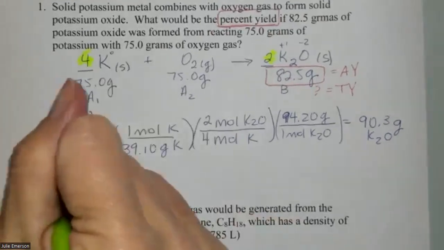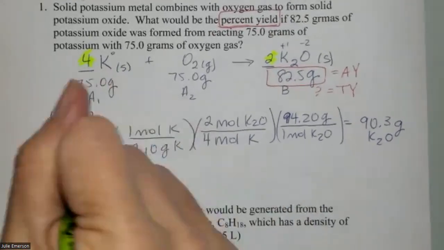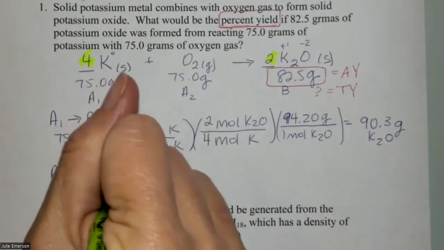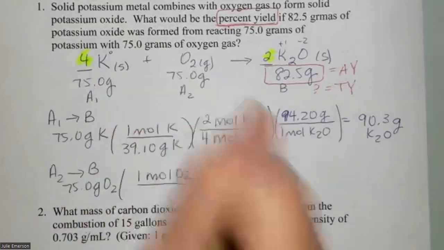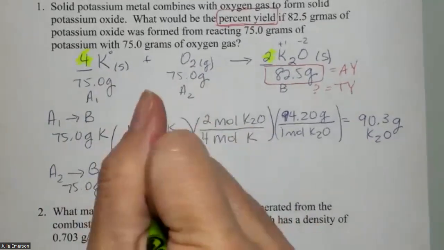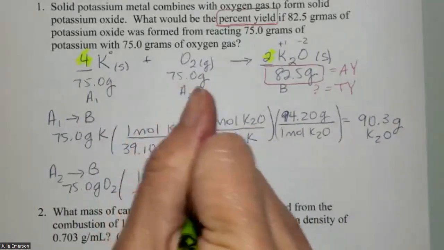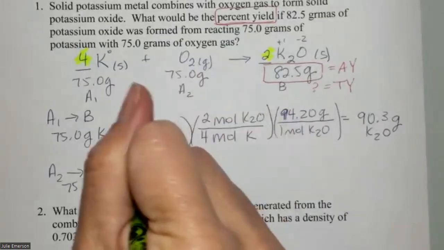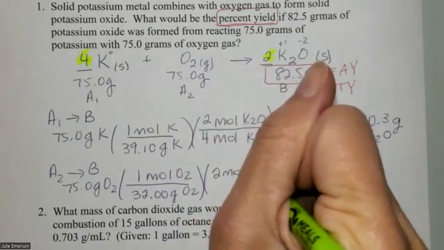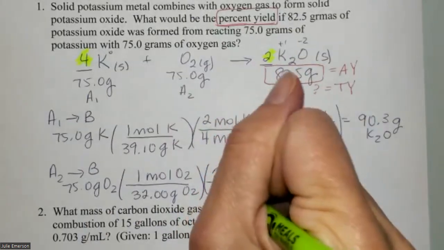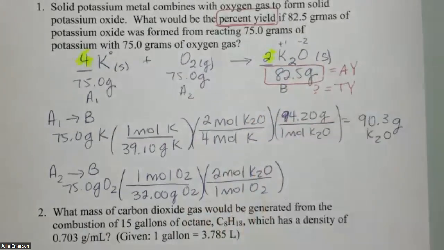Now I got to do A2 to B. So I start with my 75 grams of O2. 1 mole of O2. Oxygen is 16, taken twice would be 32 grams. All right, then my mole to mole ratio, for every 2 moles of K2O, I only need 1 mole of O2.